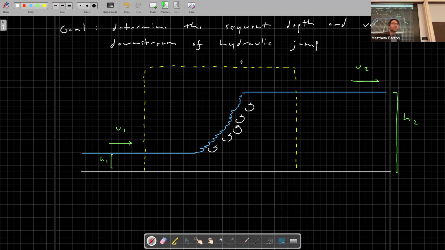So what else can we use here to try to figure out what the depth and velocity are going to be at the downstream end? What other tools do we have at our disposal? A model? So a model based on, or there may be a simulation, or constructing a small little channel and a small little bump.